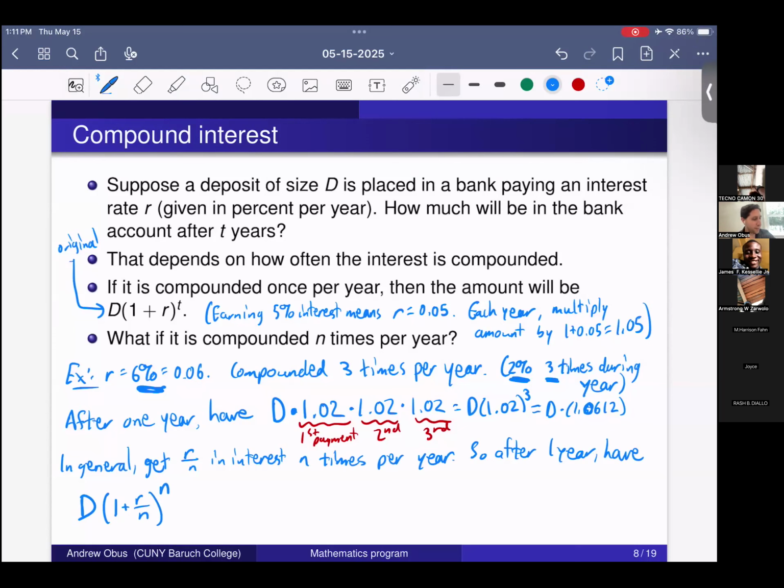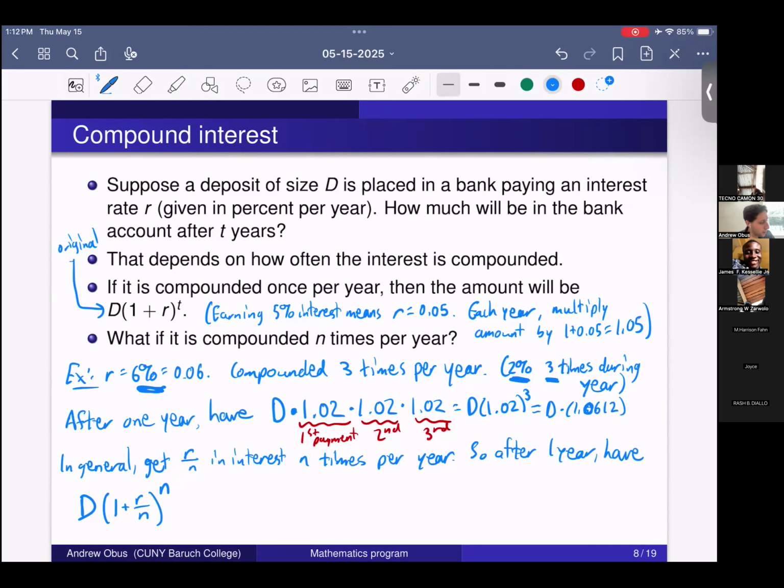So this is what you get, right? This example was the case where r was 6% and n was 3. So it's 1 plus 0.06 over 3, it's 0.02, and then raised to the 3. That was exactly this example. But in general, you get r over n in interest n times per year. Right, so in 3 years, if you started with 1,000, then you'd end up with 1156.6.